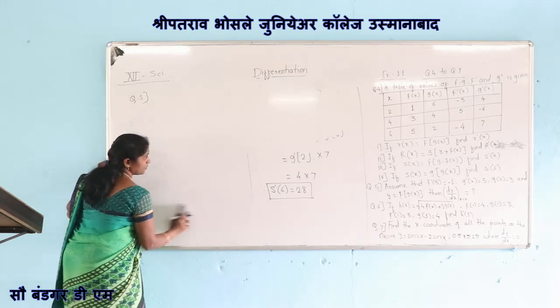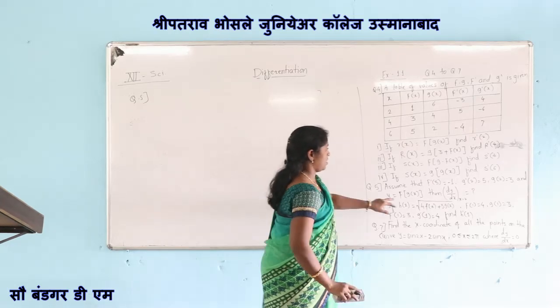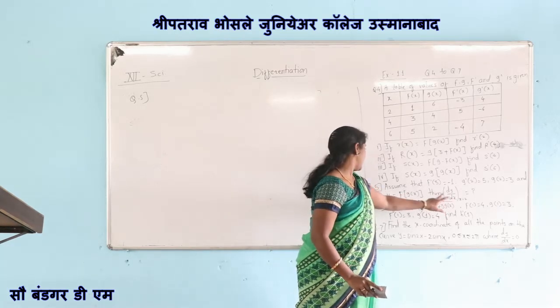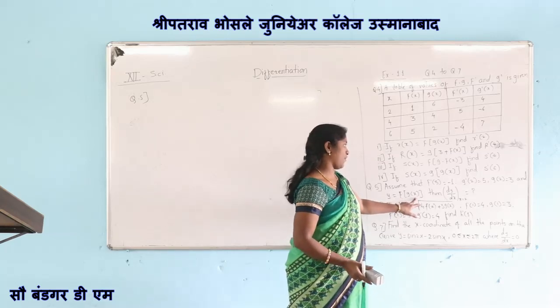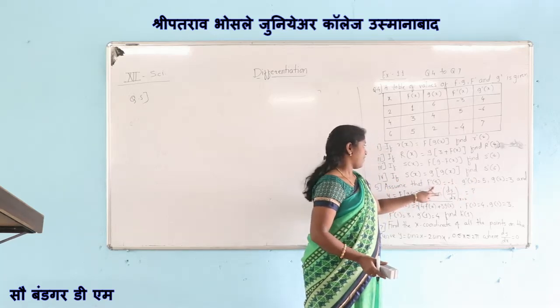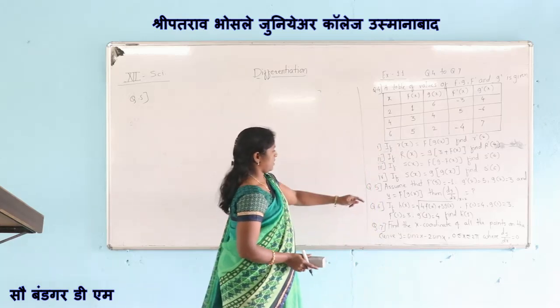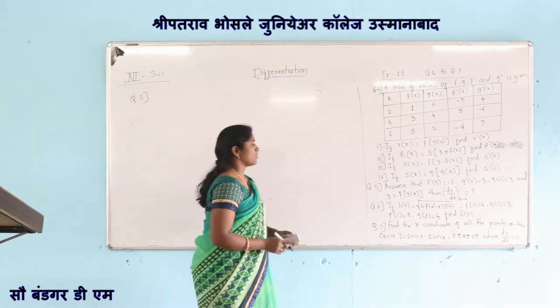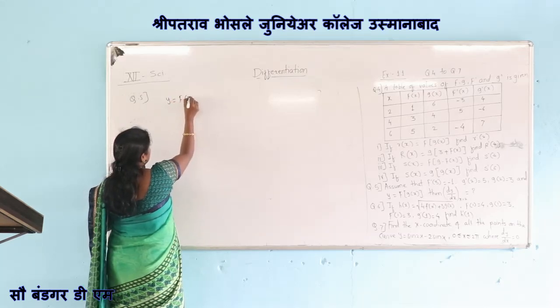In question 5, we have to find dy by dx for the given y is equal to f of g of x, and the required values are given. F dash of 3, g dash of 2 and g of 2 are given. So y is equal to f of g of x.